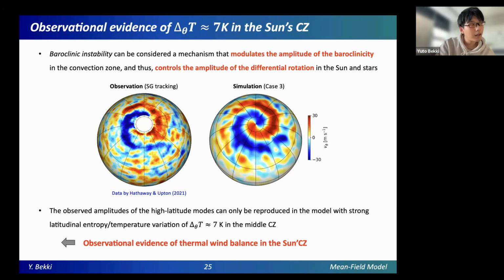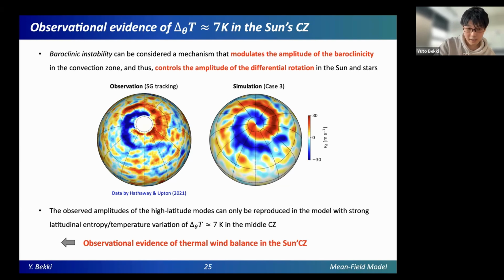So we warn that 2D models can largely overestimate the amplitude of differential rotation. In 3D models, when the baroclinicity is substantial enough, they excite inertial modes, and these can transport a substantial amount of heat and angular momentum to change the mean state. And this is a very interesting and important point.